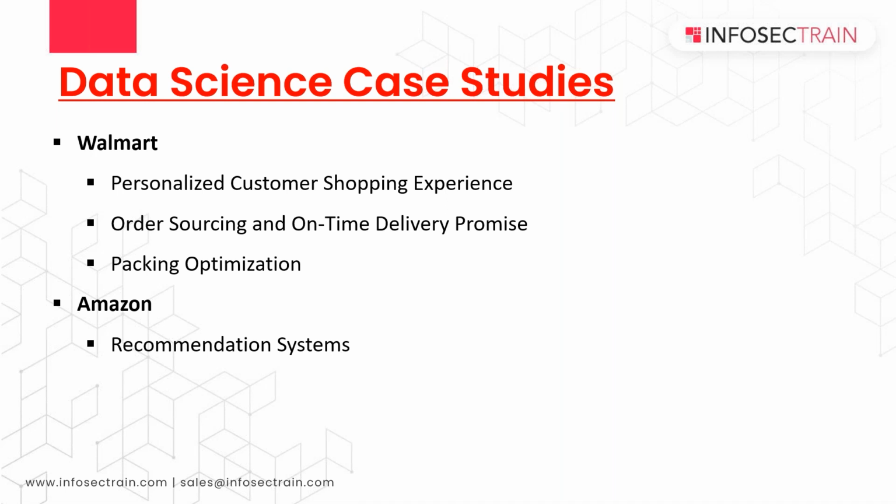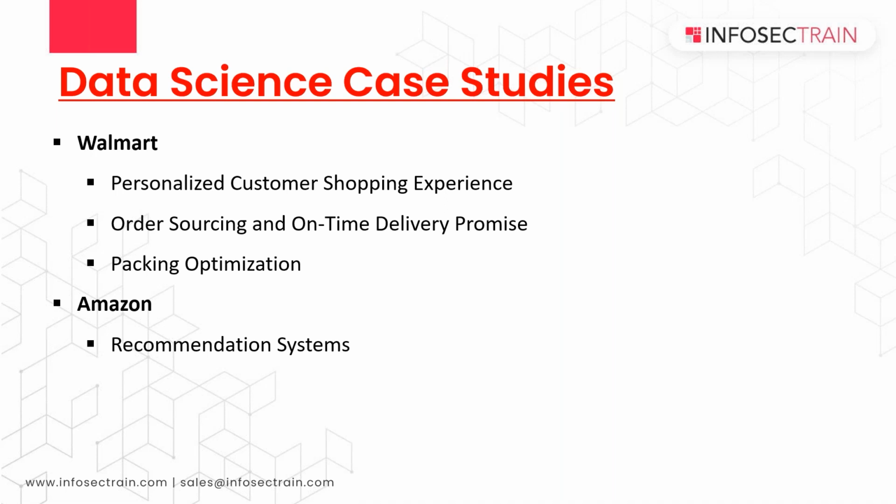Amazon uses around 152 million customers' purchase data to build the recommendation system model, which is nothing but a data science model. Then Amazon can decide which product to recommend to any particular customer.